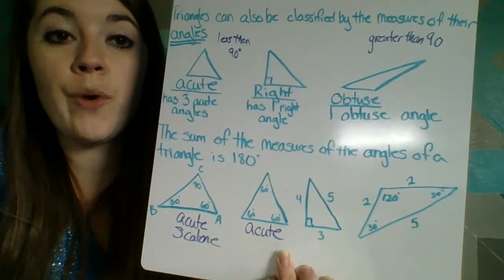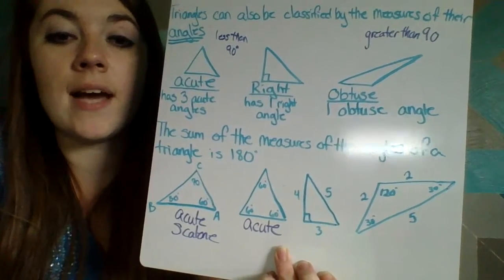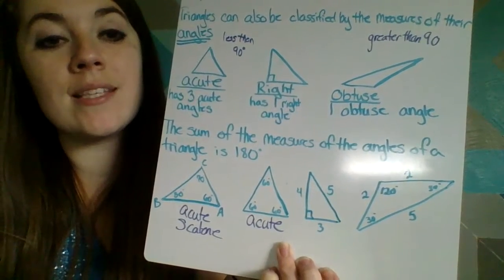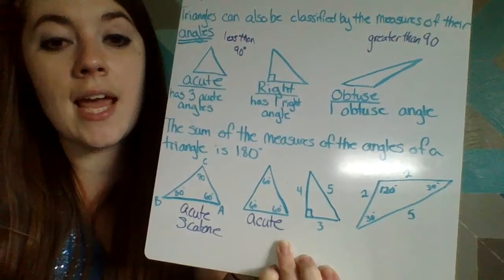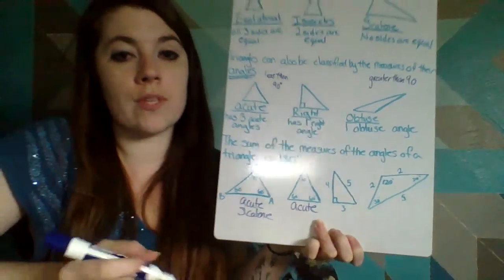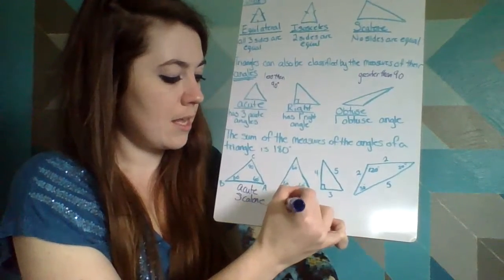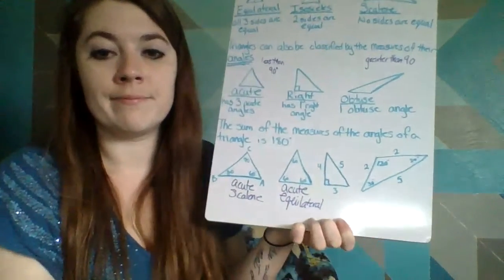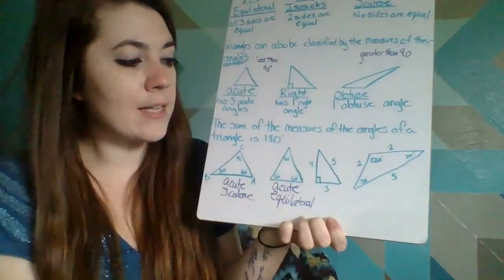If you have two angles that are the same, then the sides across from those angles are going to be congruent. So if we have three angles that are the same, that means all three of the sides are also the same. So that means this is equilateral. Excellent.